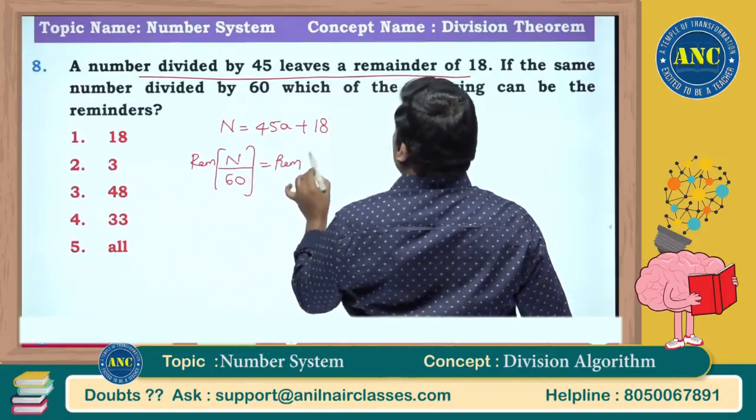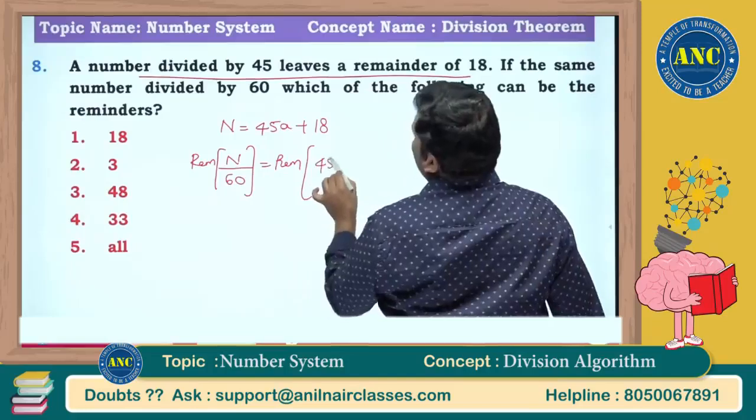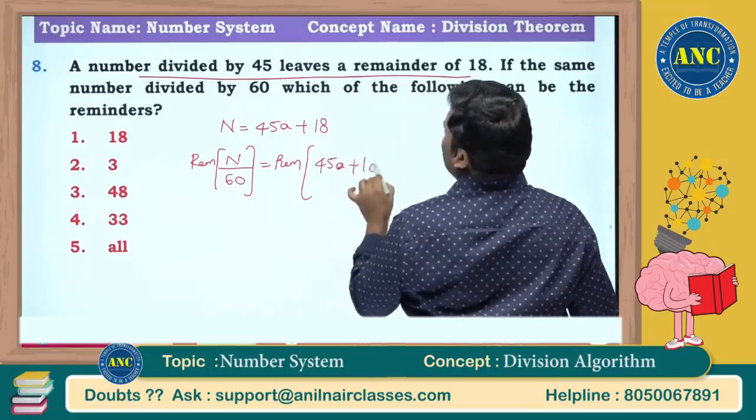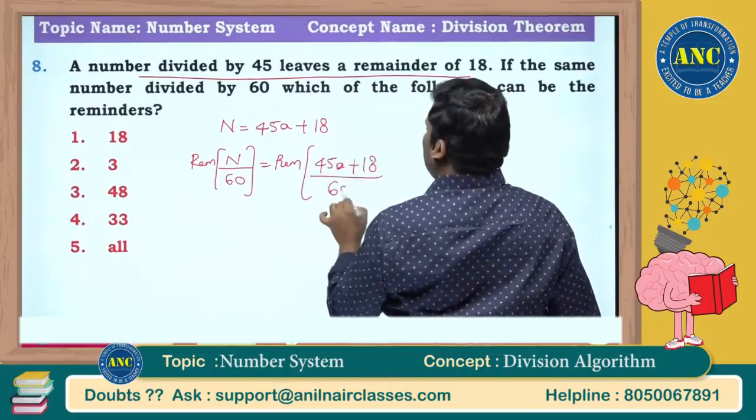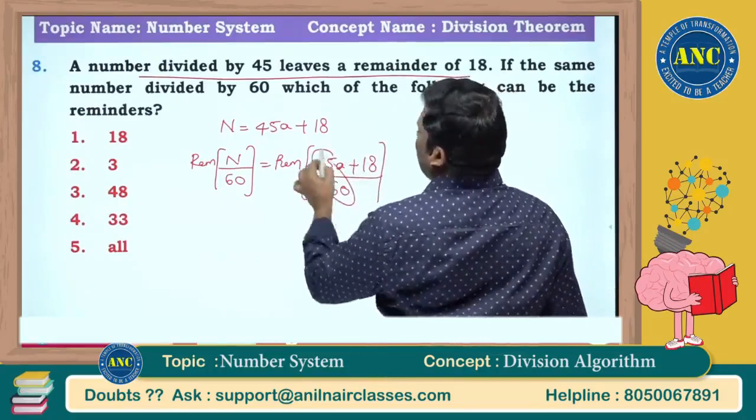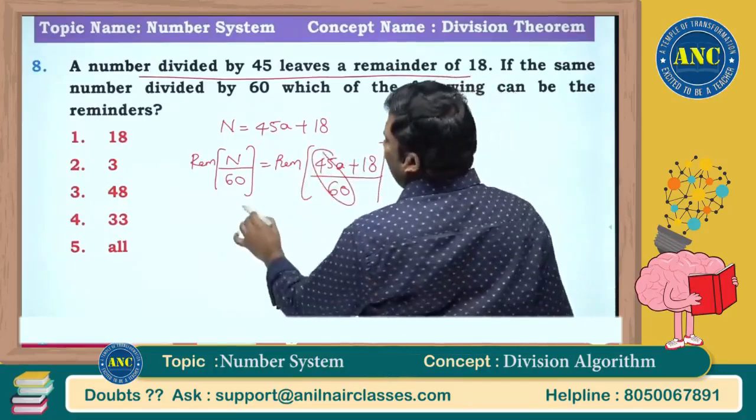So this will be the remainder of 45A plus 18 divided by 60. 45 and 60 should meet, then the remainder cyclicity will happen.